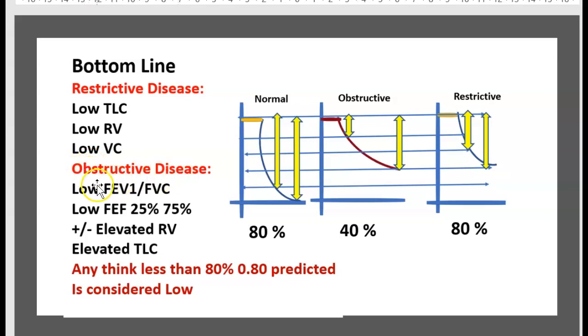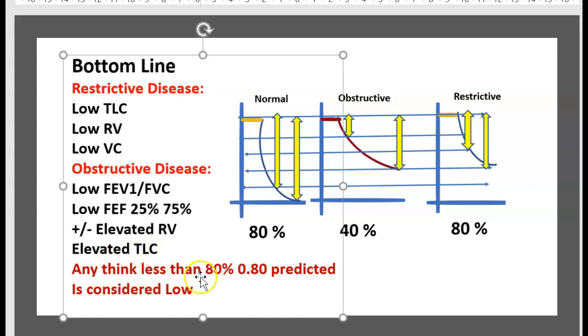Obstructive disease: low FEV1 over FVC, low FEF 25% to 75%, and sometimes elevated residual volume and elevated total lung capacity.